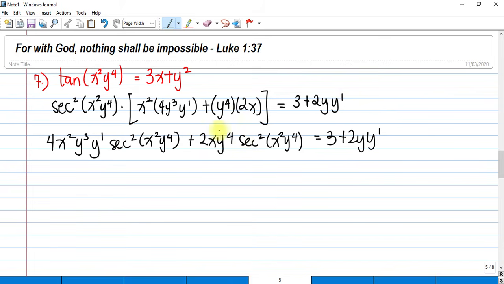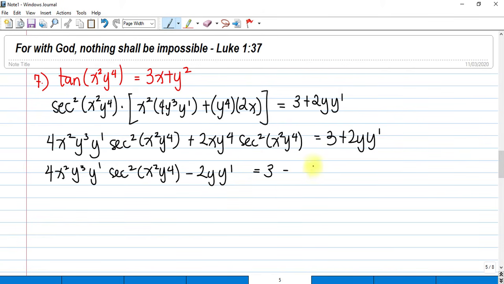So if I transpose this to the right side, as well as this to the left side, I can factor out y prime. That's a good idea. So I have this, then transpose this, so we have negative 2y prime on the left, and I'm transposing this to the right side, so this becomes 3 minus 2xy raised to 4 secant squared of x squared y raised to 4.